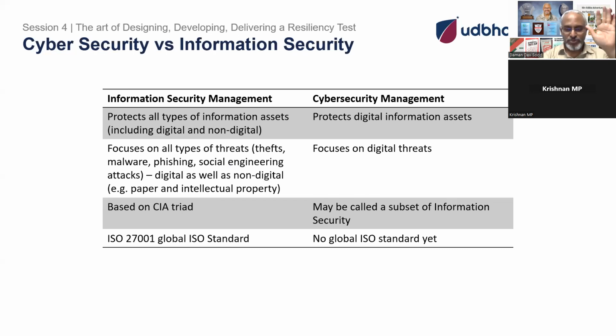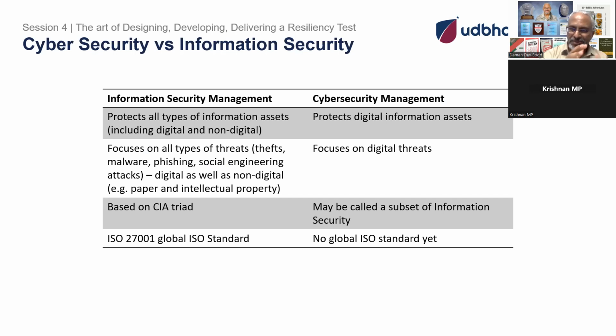Information security is the left column, and cybersecurity the right column. Information security protects all types of information assets, which includes digital and non-digital. But cybersecurity is about digital assets only. That's the first difference. Information security focuses on all types of threats, but cybersecurity will focus on digital threats only.